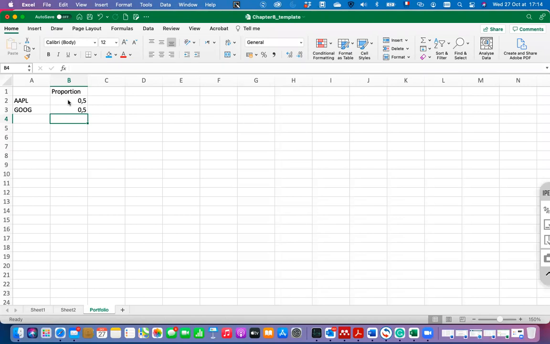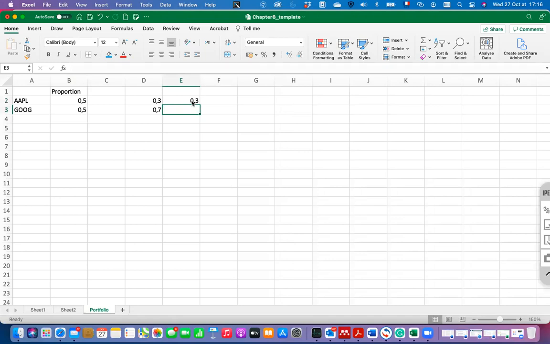So in the exams, if they told you during the exam you will build the portfolio with 30% of Apple and 70% of Google, on your Excel sheet, do not type 0.3 and 0.7. Do not do this. Don't do this. Instead, type 0.3 here and make the proportion of the second, 1 minus.